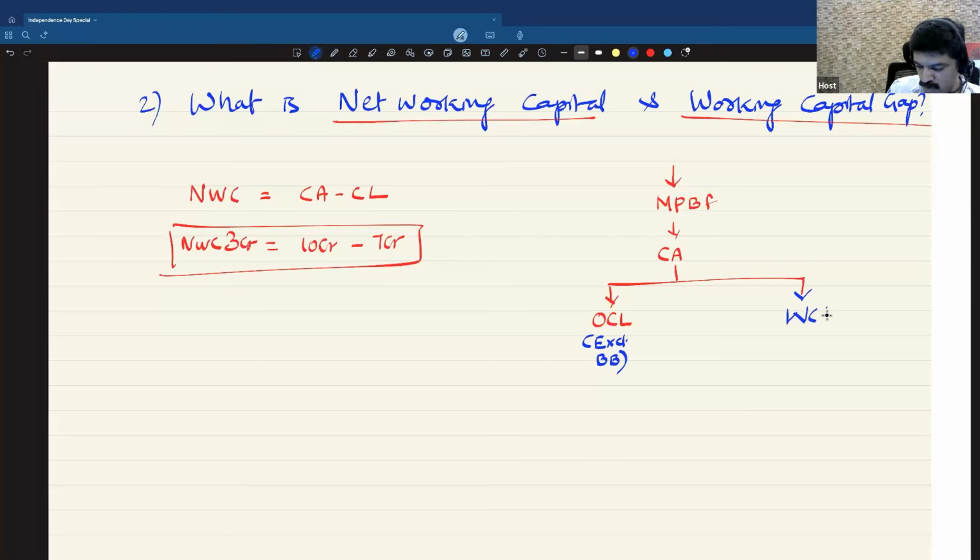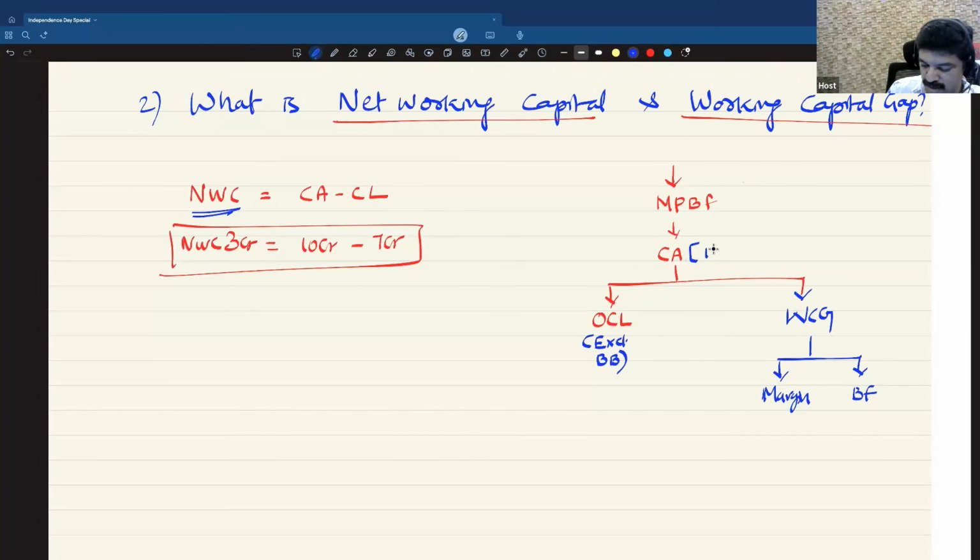That's what we call working capital gap. This other source can be a combination of net working capital, or we can also call it margin, and bank finance.